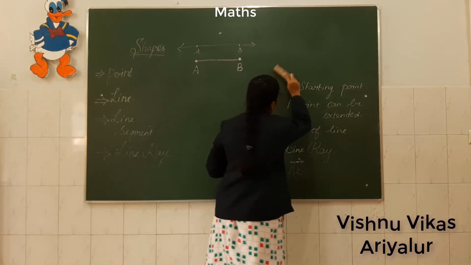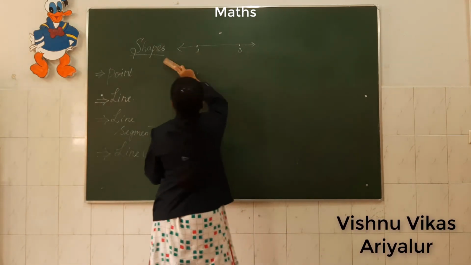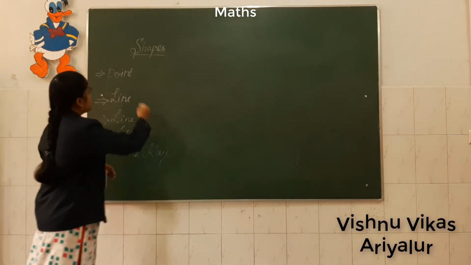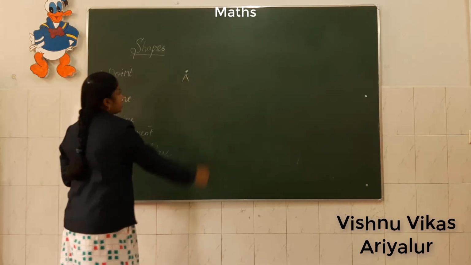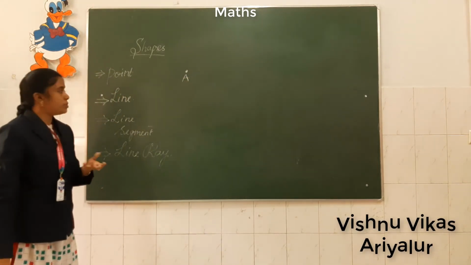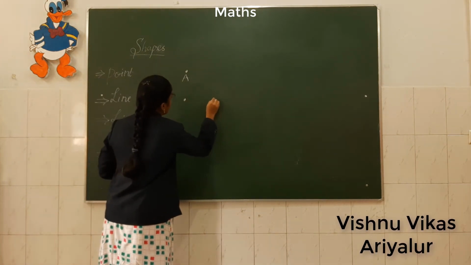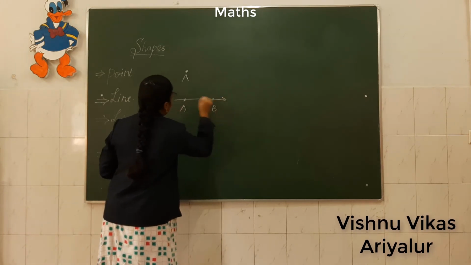Okay, children. I think the day's lesson was well understood with all the points we have discussed. Come on, let us recollect. This is a point. A point is represented by a capital letter A, B, C and so on. Many points joined together form a line.